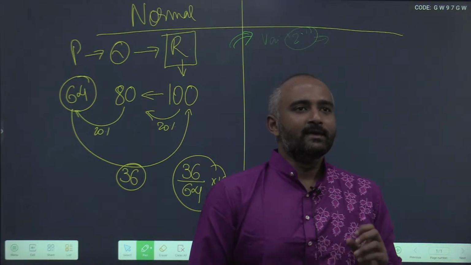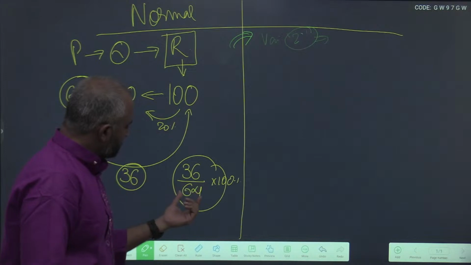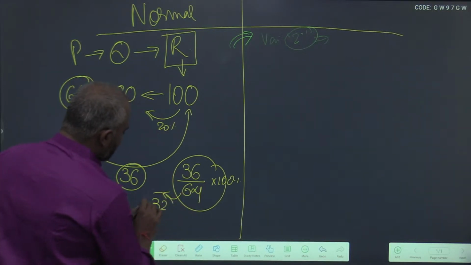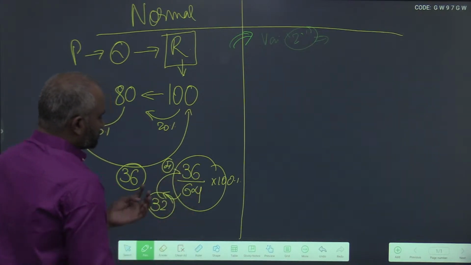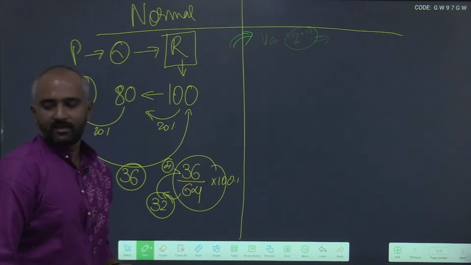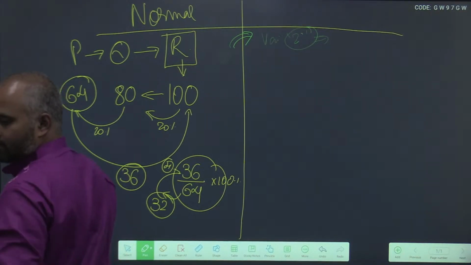You see 64, what is half of 64? 32, and the difference is 4. So the value of this percentage will be somewhat greater than 50. You see what is there in the range of 50? It is only one value, which is B.